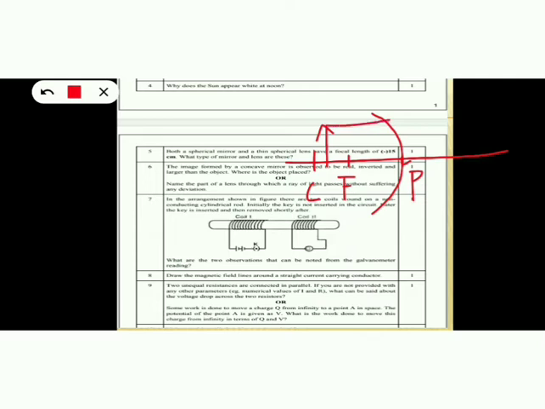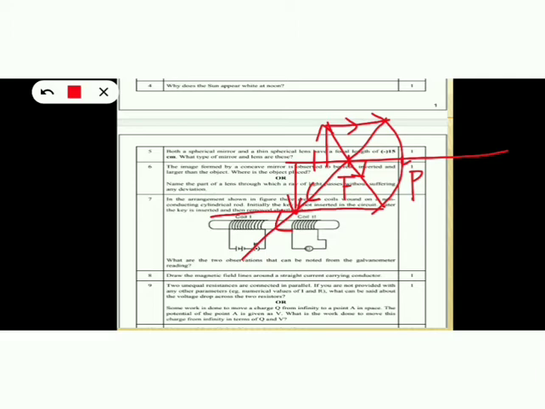So here if you consider two rays, let one ray be the parallel ray and it passes through focus, and let us consider another ray which is passing through focus, and this ray after reflection goes parallel to the principal axis and these two rays meet here. So you will get the image here. See, it is a real, inverted and magnified image.